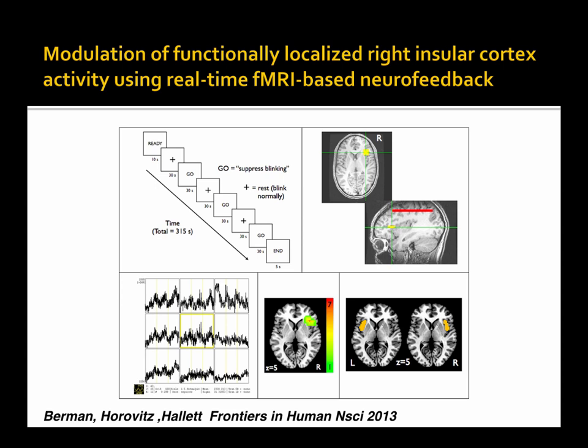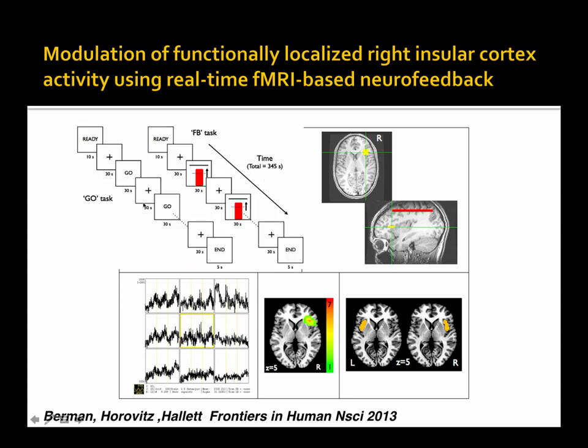But at the same time, there would be an increase in the activity in the insula. So I don't know if you can see it well here, but this is a ramp, right? And each of these blocks is one of the blocks where we ask the subject not to blink. So we can define functionally which area would be related to the urge or the pressure to blink.